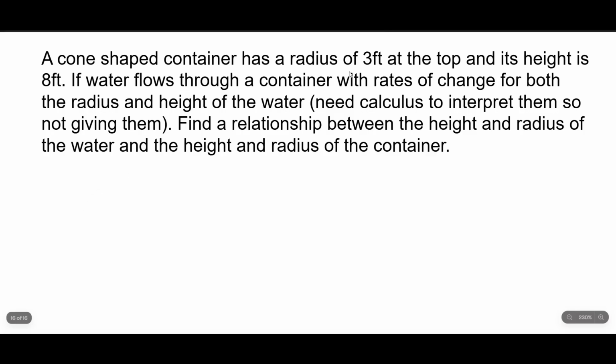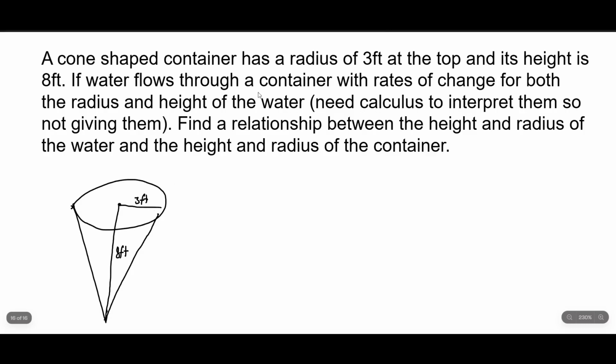It's a cone container with a 3 foot radius at the top, so it's going to be like an upside-down cone. It'll look something like this. Okay, this is a decent picture. It has a radius of 3 feet at the top, and the height of the cone is 8 feet.